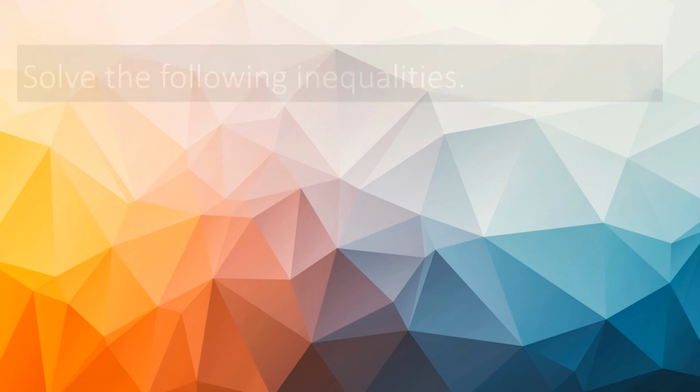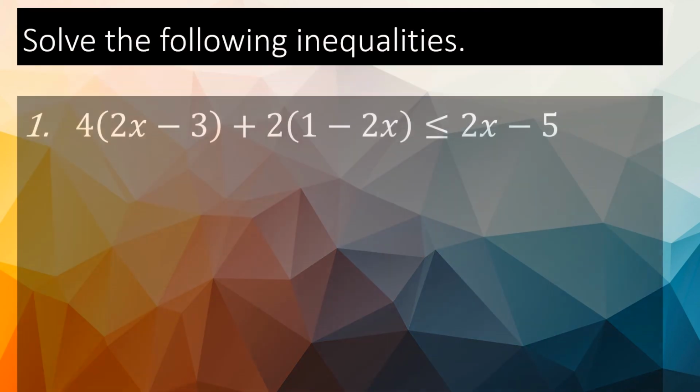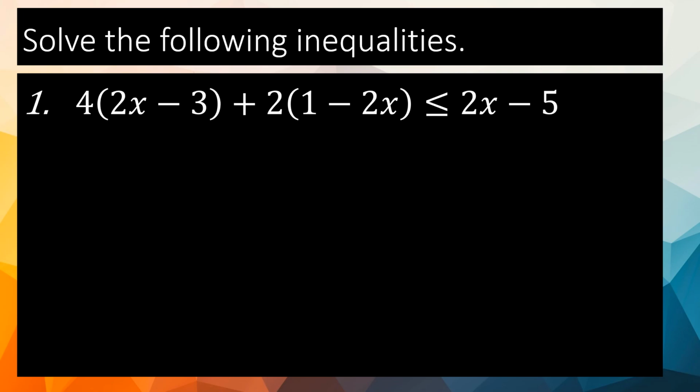Okay, let's have some examples to solve. The first one is 4 times quantity 2x minus 3 plus 2 times quantity 1 minus 2x is less than or equal to 2x minus 5. Let us distribute 4 first to 2x minus 3. 4 times 2x is 8x, and 4 times negative 3 is negative 12.